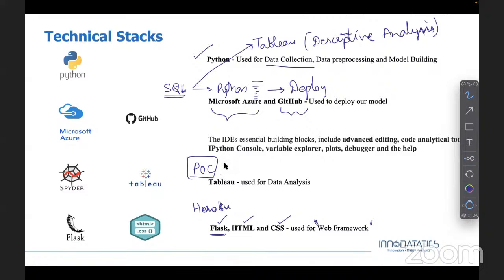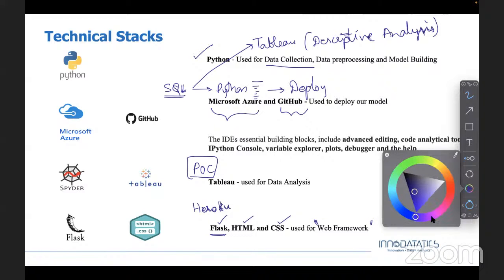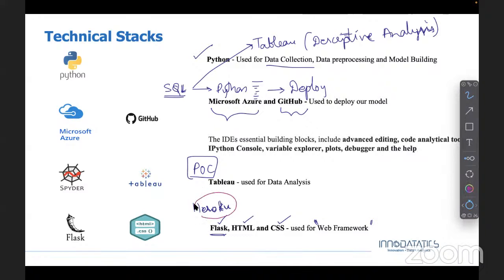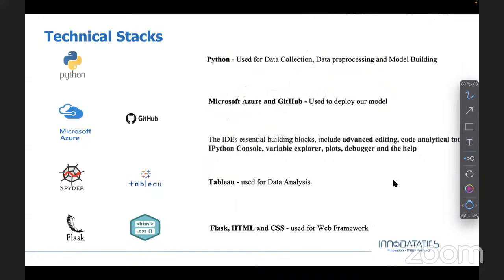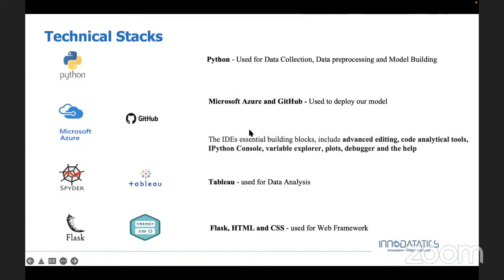And once you're happy with the proceedings, then you end up using something like Heroku. We'll also showcase how to use Heroku. Hands-on will be done next week, same time, but today it will all be theory. You will understand the theoretical aspects.